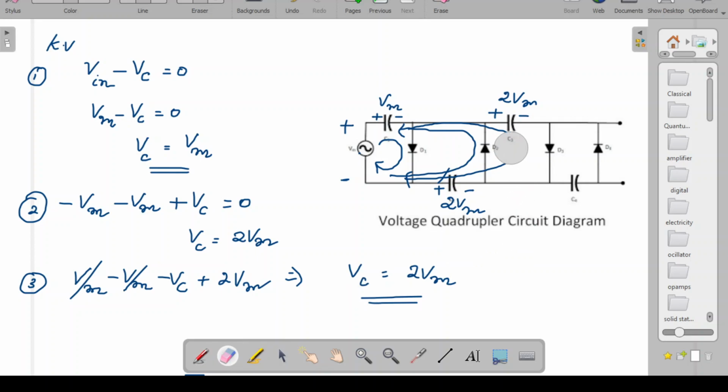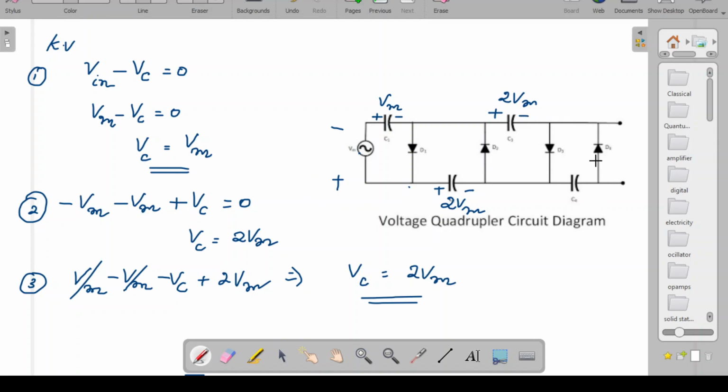Now let me rub this. Now coming to the next half cycle, that is the next negative half cycle. One complete cycle was over, then one positive cycle was over, then coming to the negative half cycle. Now what happens during this cycle? I can understand that this diode D1 is going to conduct, because this is also charged to negative, and this side is positive.